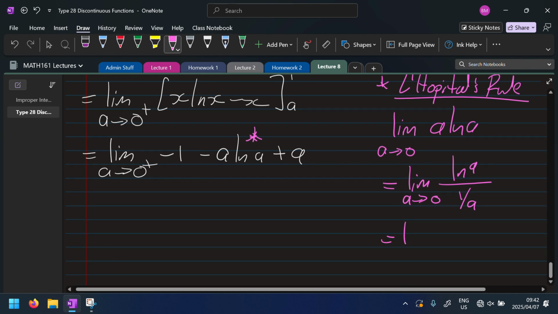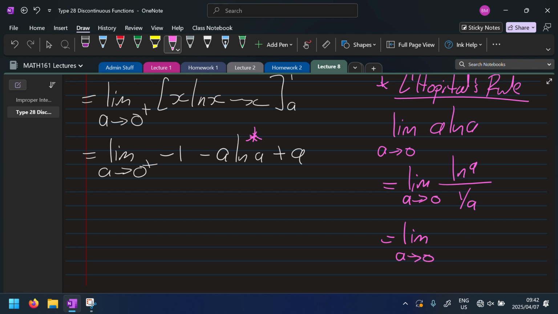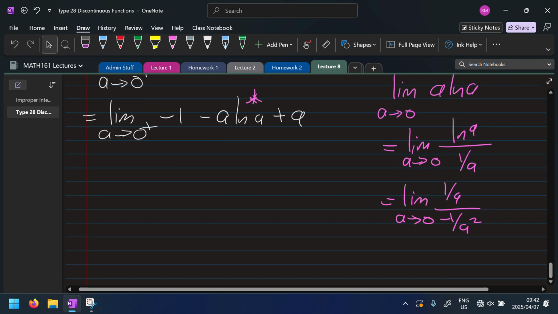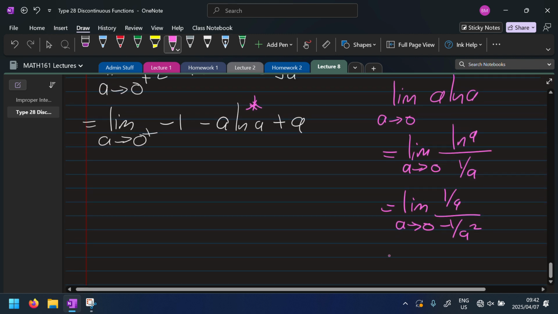So this is going to be the limit as a goes to 0 of the derivative of the logarithm, that'll be 1 over a, and the bottom will be minus 1 over a squared. Now the a squared we can take to the top, so that will just be an a after cancelling. So this will be minus the limit as a goes to 0 of minus a, but that's just 0.